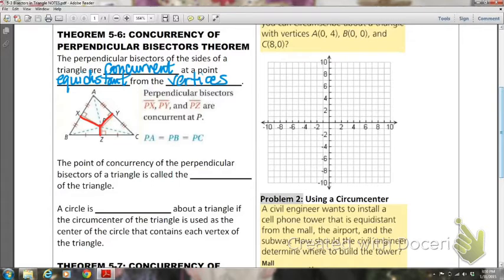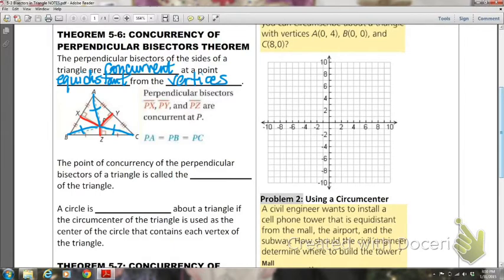So what this is saying is that from that point in the center, point P, to each vertex, so from P to A, from P to B, and from P to C, those are all congruent segments.